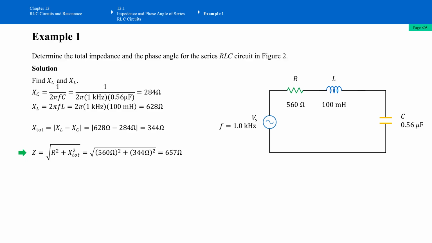This is 657 ohms. As always, we need to find the phase angle. The phase angle is inverse tangent of X total divided by R. That equals inverse tangent of 344 ohms over 560 ohms. Put the numbers into the calculator, using degrees, and we get a phase angle of 31.6 degrees.